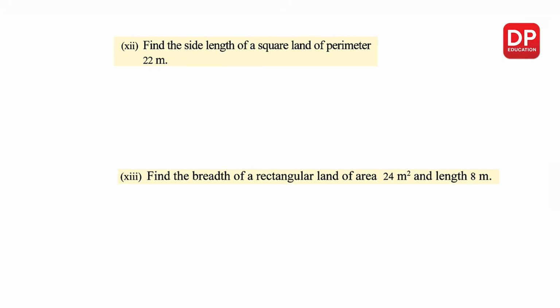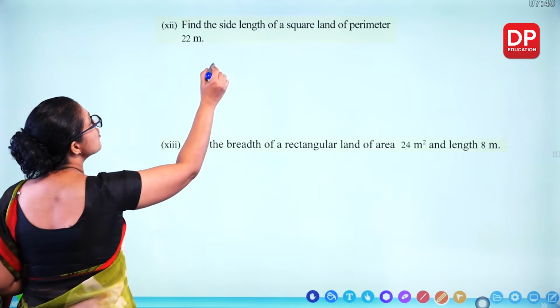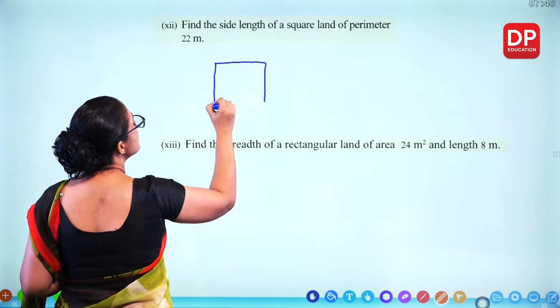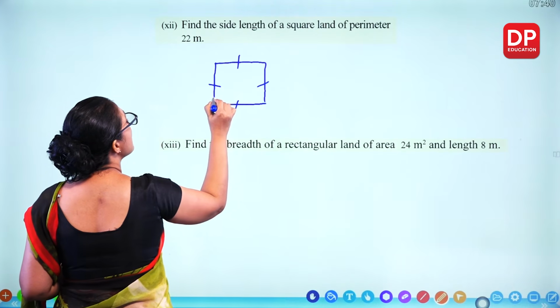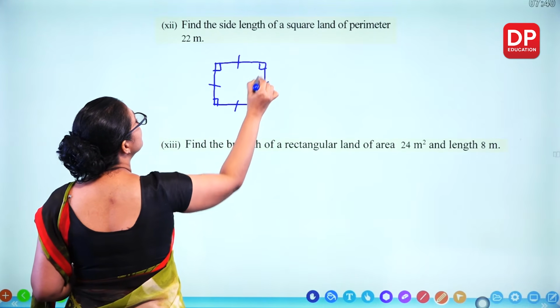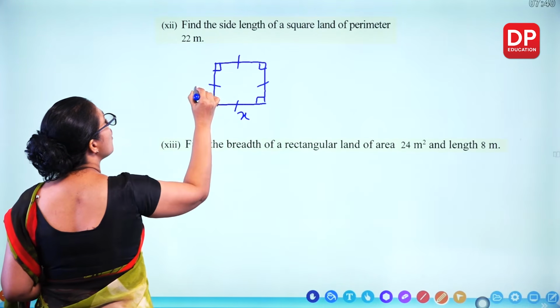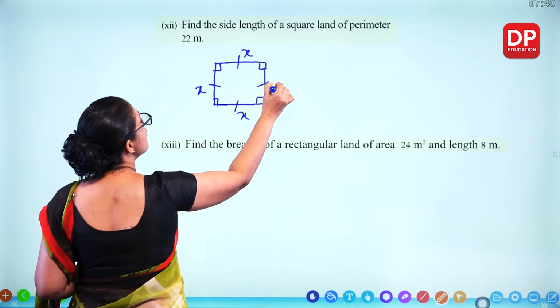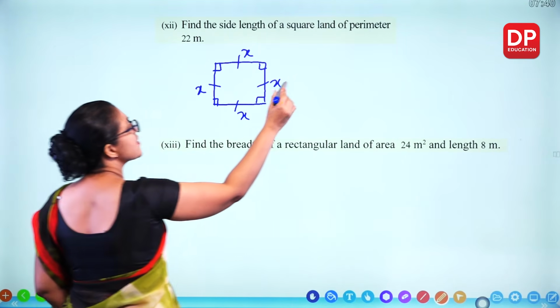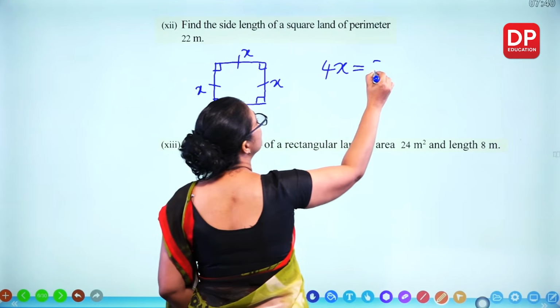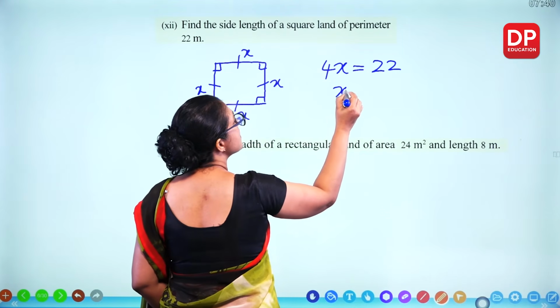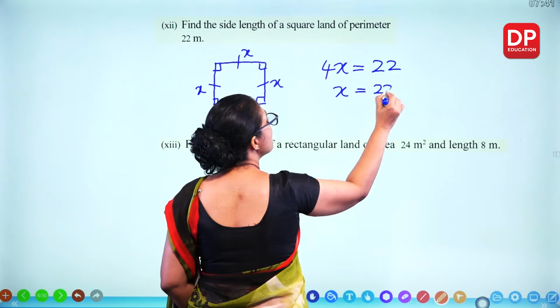Find the side length of a square land of perimeter 22 meters. So perimeter means outer length. So this is a square. All sides are equal. If you put x for one side, we know that perimeter means 4x. 4x equals 22. So how do you find x? You need to divide this by 4.